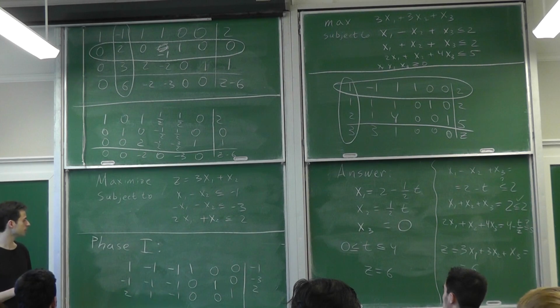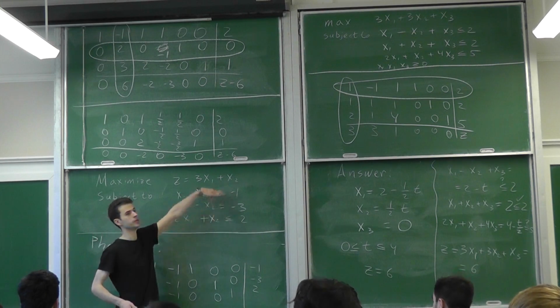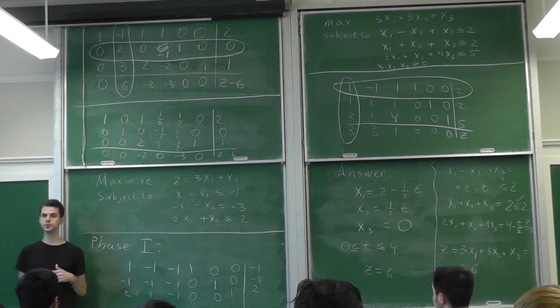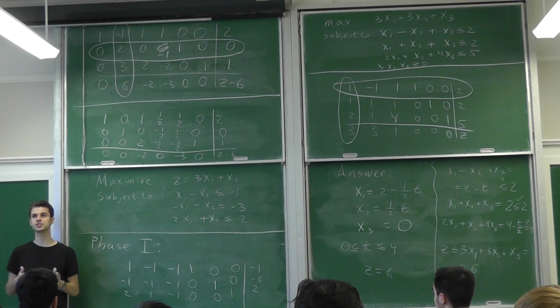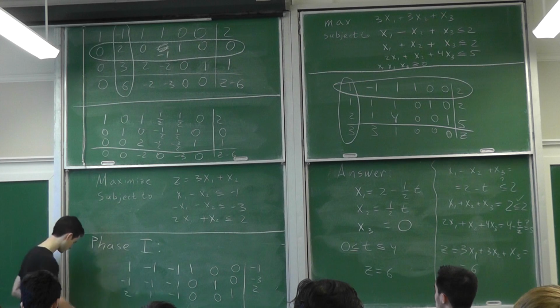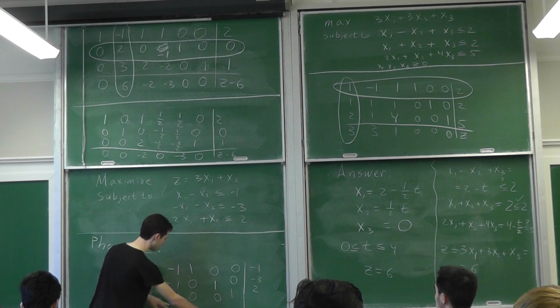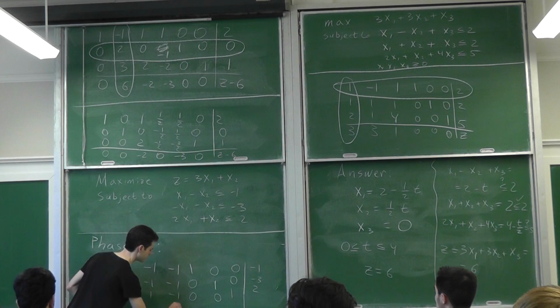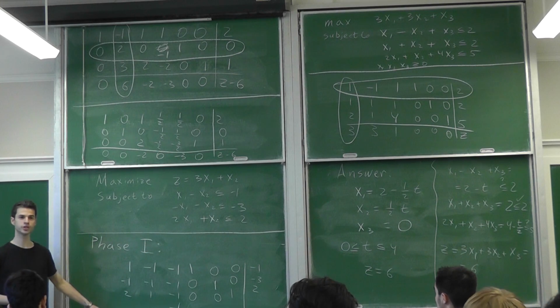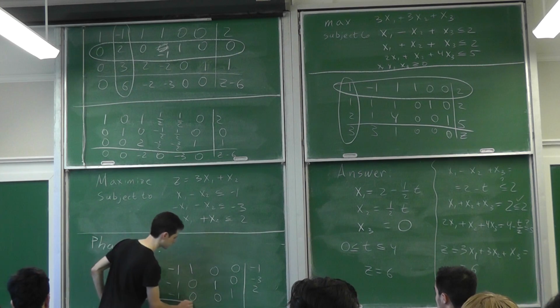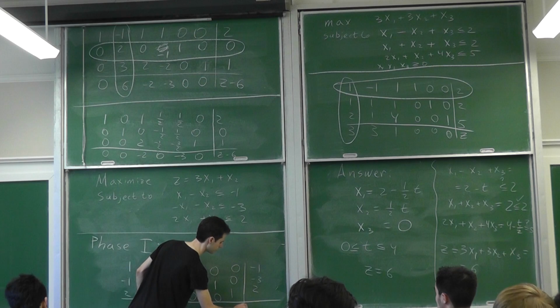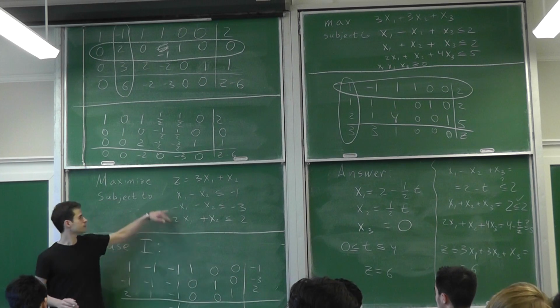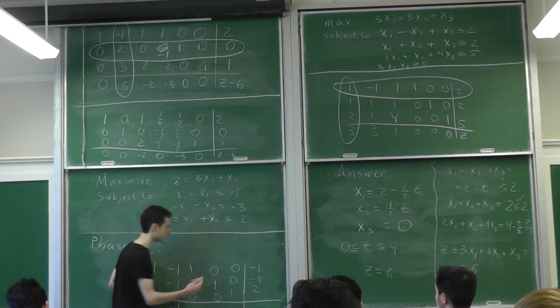Yes, we are trying to minimize x3, minimize the amount that we subtracted from here, which is the same as trying to maximize minus x3. So here I'll add -1 into the objective function. Well, let me not call it z because z is already taken. Let me call it w.